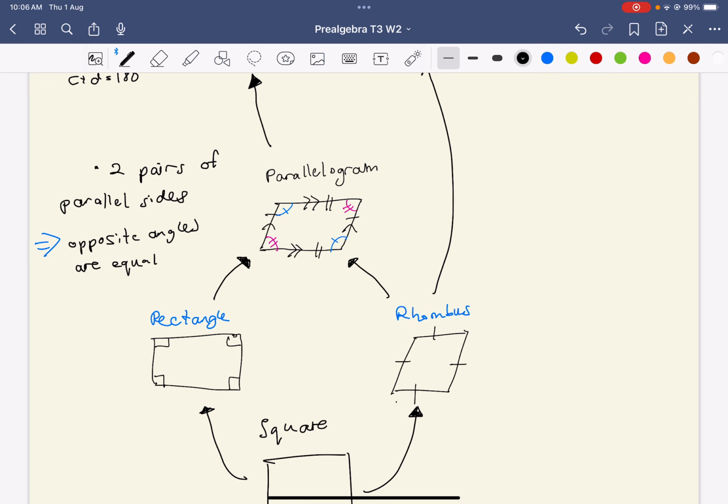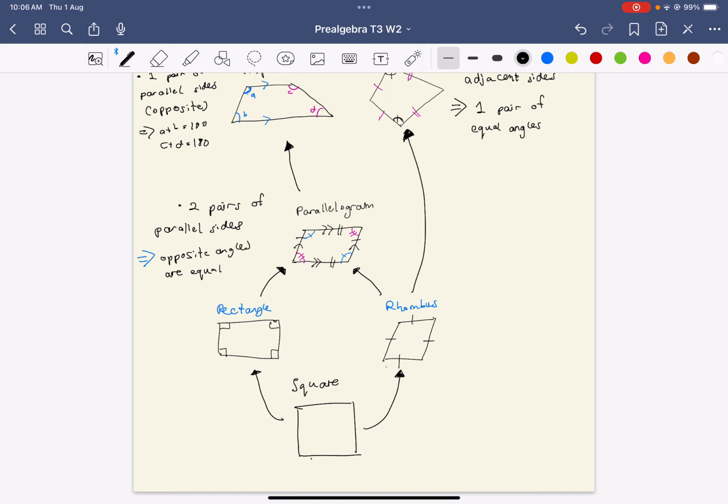Okay, now let's go even more special. Let's go to the rectangle. A rectangle is just a parallelogram, so it's still got two pairs of parallel sides. Always remember these two sides are parallel, and these two sides are also parallel. But it's got the extra condition that all angles are right angles.